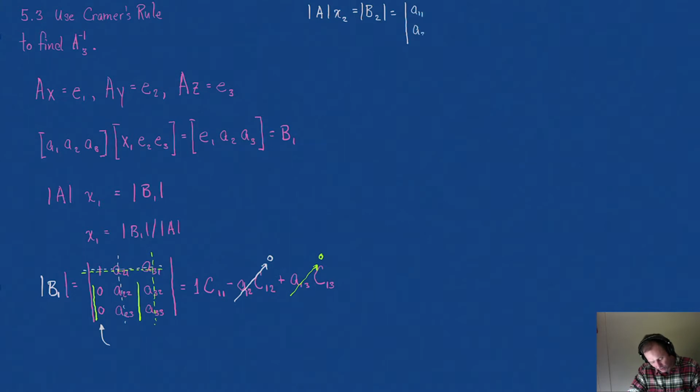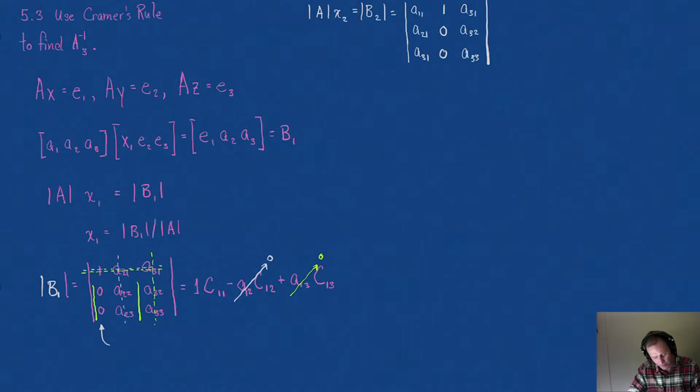And now we've put e1 into the second column, so that's going to be 1, 0, 0. And then we're going to have our third column of a13, a23, a33.